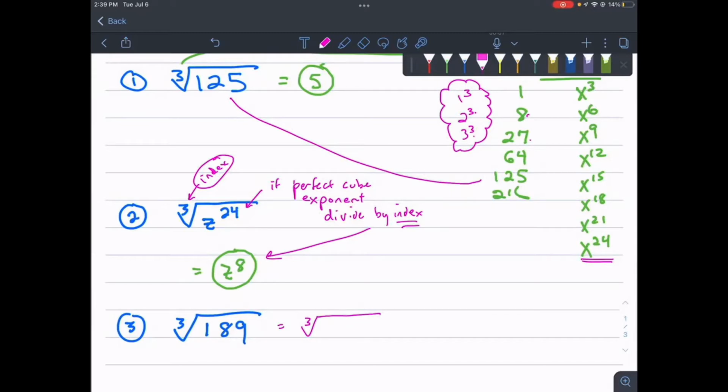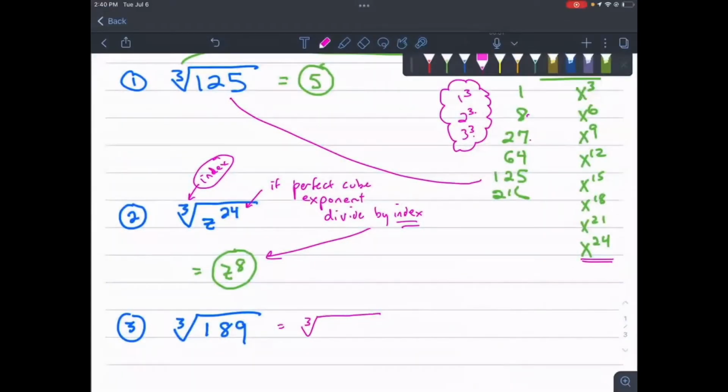If you divide 189 by 125, that's not going to work out. It comes out to 1.512. If you divide 189 by 64, it comes to 2.95. If you do 189 divided by 27, that comes out to 7.